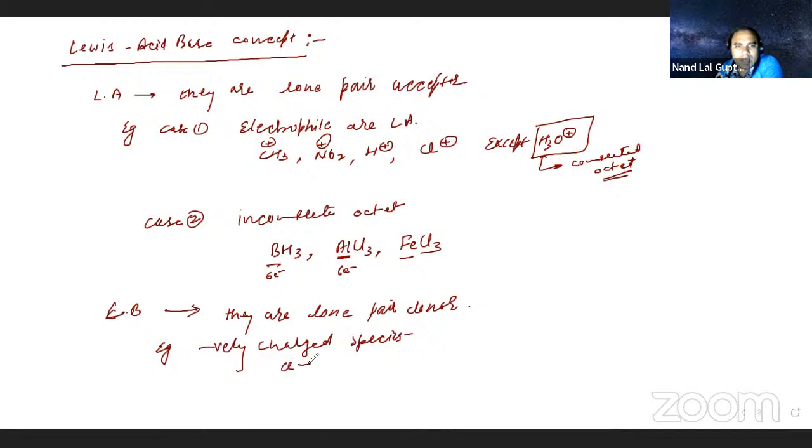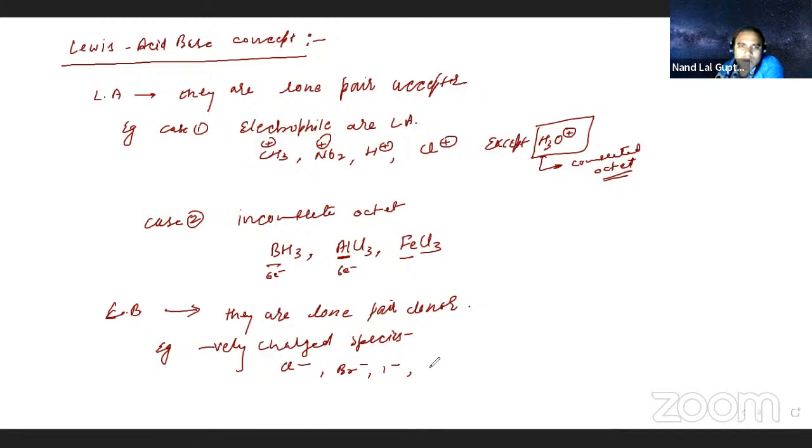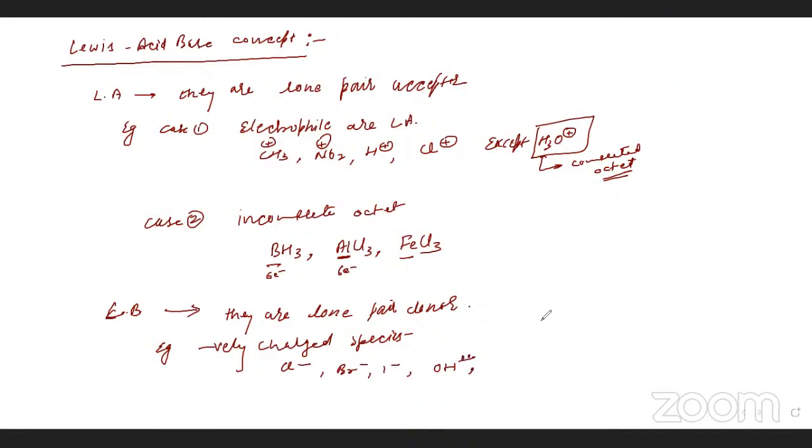Suppose it is Cl minus, Br minus, I minus. Whatever the negative charge you can mention, they are capable to donate lone pair electrons. So this is the Lewis base.